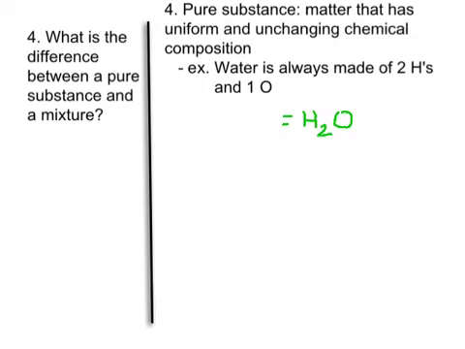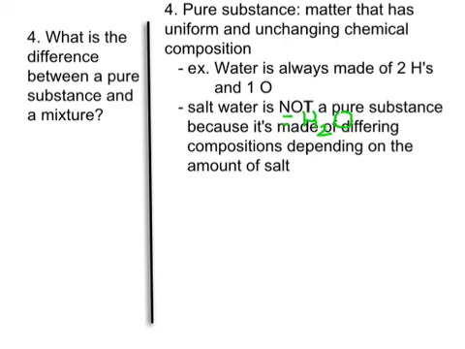Now, however, as soon as you add something to the water, it's not a pure substance anymore. So, if we add salt to water and make seawater, it is not a pure substance. All right, so let's talk about that. Okay, so salt water again is not a pure substance.